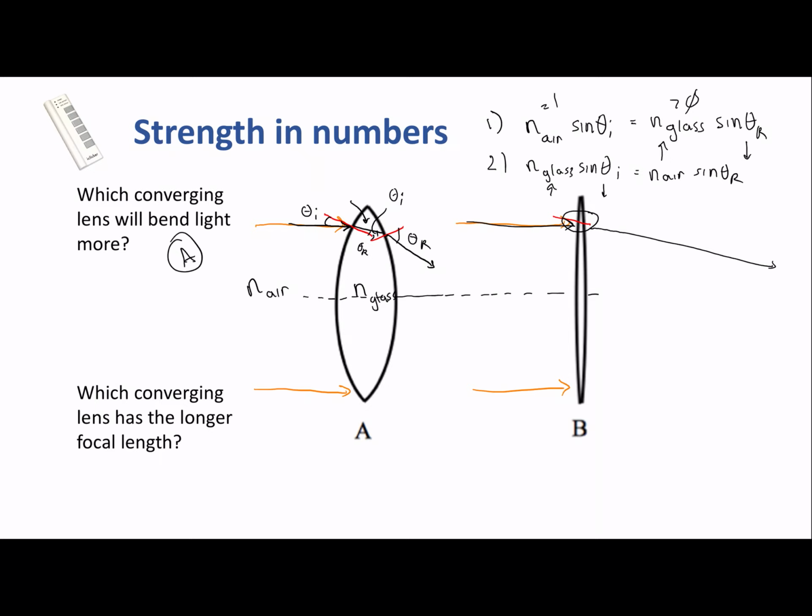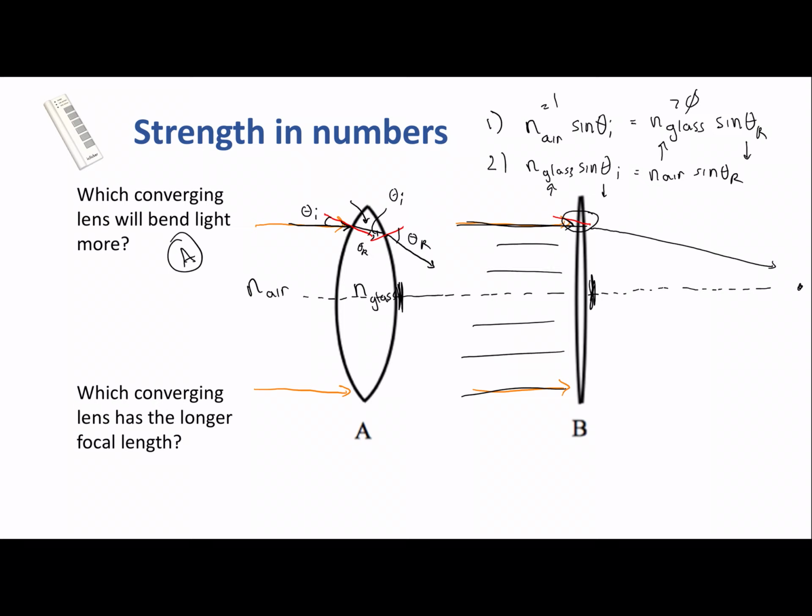Okay, so which of these will have the longer focal length? Well, the length of the focal length really is telling you something about how far you have to travel from the surface of the lens until light that started out coming in parallel like this gets converged to a point.